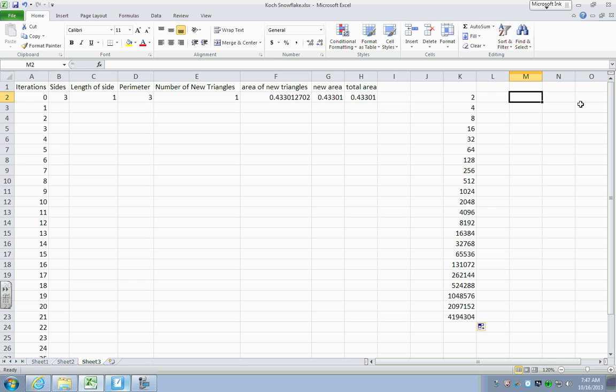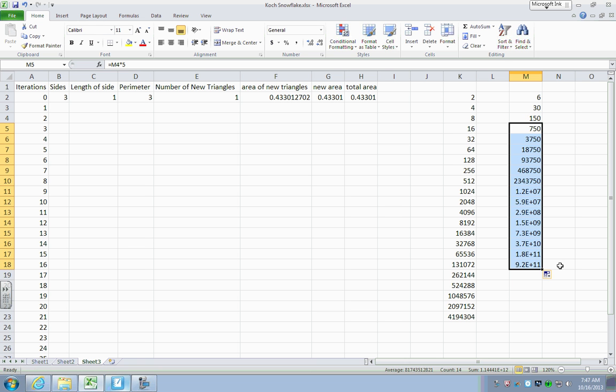Let's say you had 6, 30, 150, and so on. So times 5 equals this times 5. Grab the lower right corner and drag that all the way down.